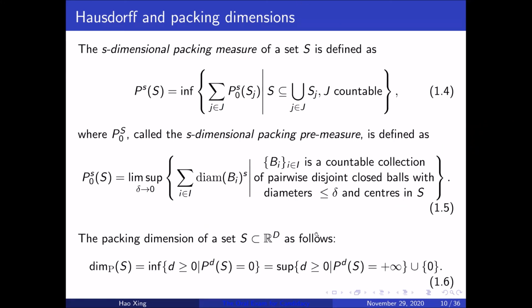And the packing dimension of a set is defined in a similar way as Hausdorff dimension. We take the infimum of those d's with packing measure of S equal to 0 and the supremum of those with packing measure of S equal to infinity.